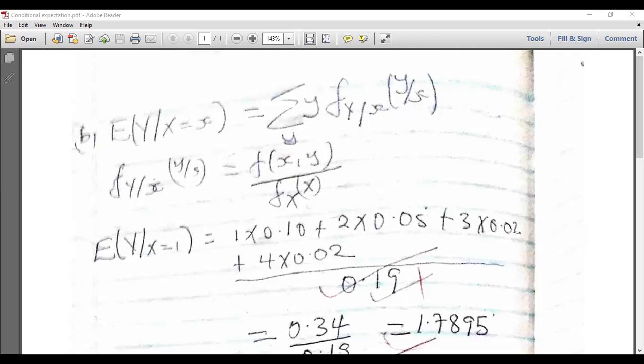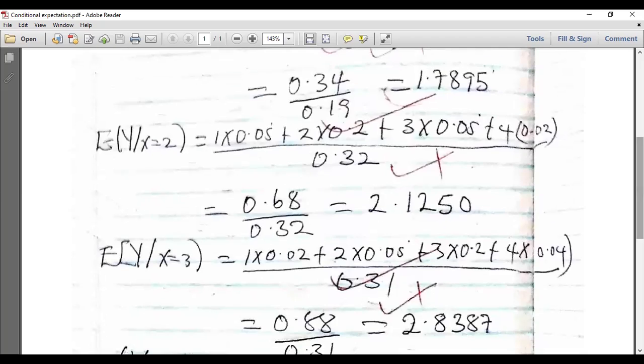So we add over all those values of y, then divide by the marginal fx of 1, for x equal to 1, which is 0.9. So that one gives us this value. We keep it.